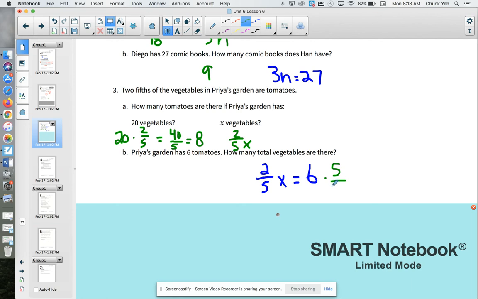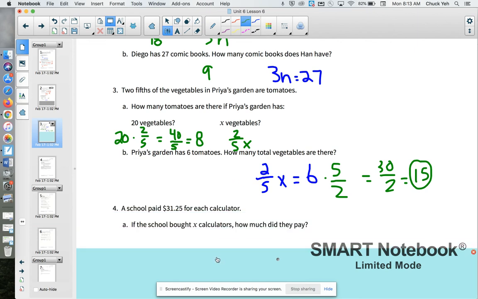And then flip it over. 6 times 5 is 30. And then 1 times 2 is 2. And then what's 30 divided by 2? So 15. 15 vegetables. Okay?